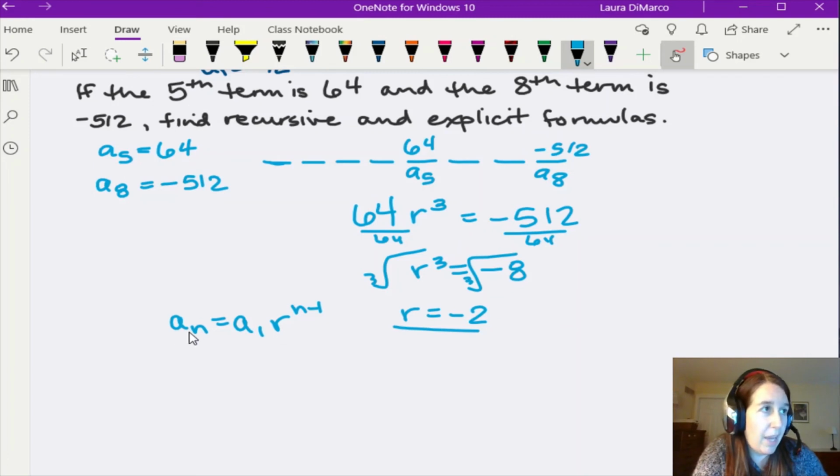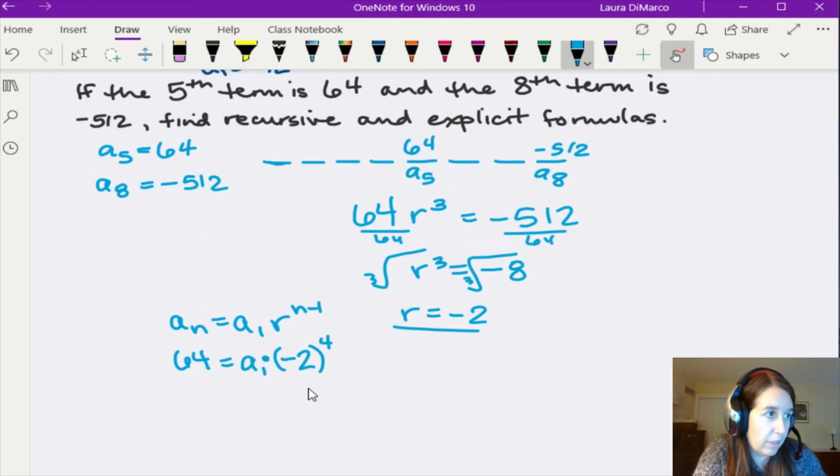So for a sub n, we could just use the fifth term, okay? So a sub n is 64. And then we don't know a sub 1, but we actually know the r is -2. And then the n minus 1 power, since we're talking about the fifth term, is the fourth power. Okay? So this is a multiply.